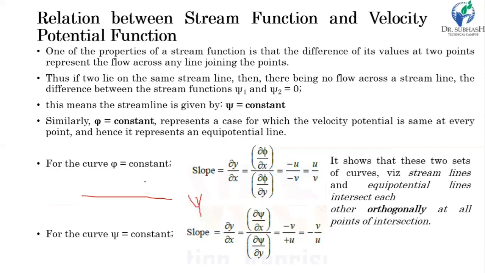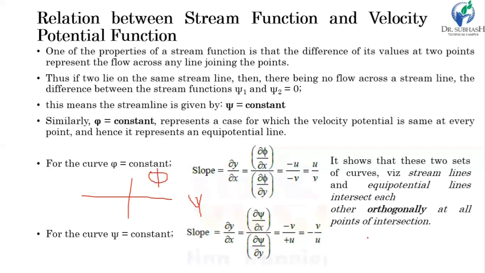Then this becomes an equipotential line where phi is constant, because the multiplication of the slopes of both lines is negative 1. Say u by v multiplied by negative of v by u, then v cancels out and u cancels out. The answer is minus 1.